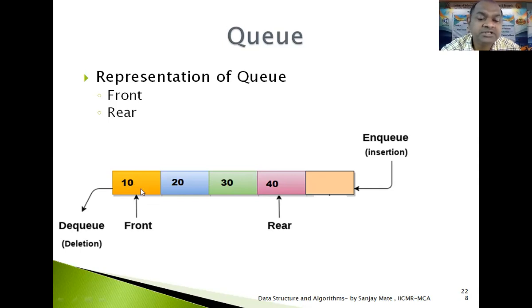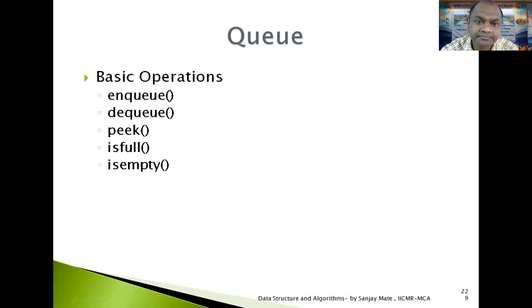After that, if I insert 20, the rear will be increased by 1. After that, I am inserting 30, again the rear will be increased by 1. Again, insert 40, the rear will be increased by 1. Whenever one more, if I am inserting 50, the rear will be increased by 1 and 50 will be inserted here. So this is the behavior of the front and rear.